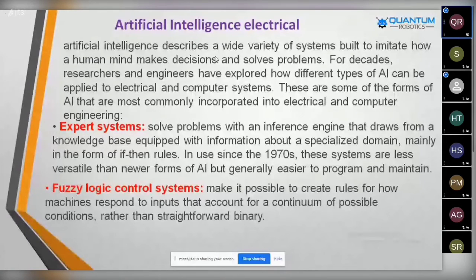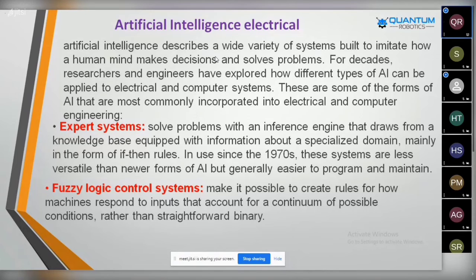Artificial intelligence describes a wide variety of systems built to imitate how a human mind makes decisions and solves problems. Researchers and engineers have explored how different types of AI can be applied to electrical and computer systems.